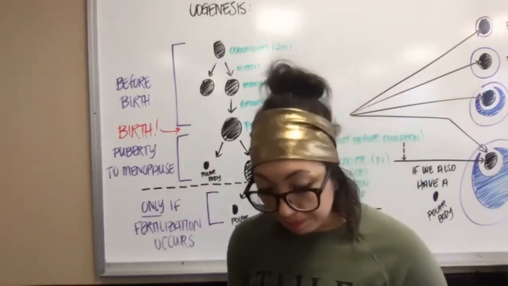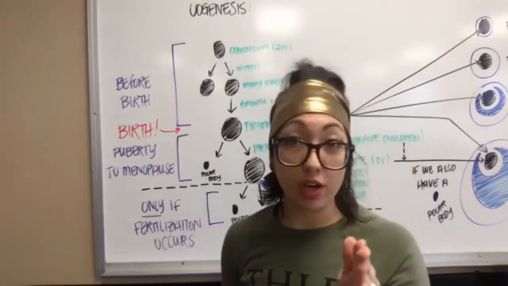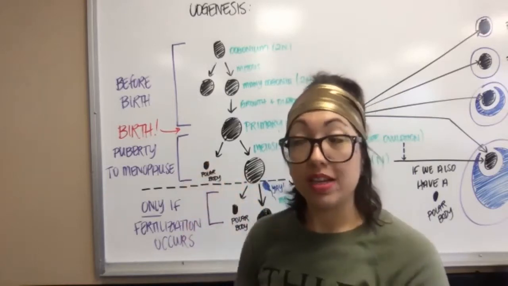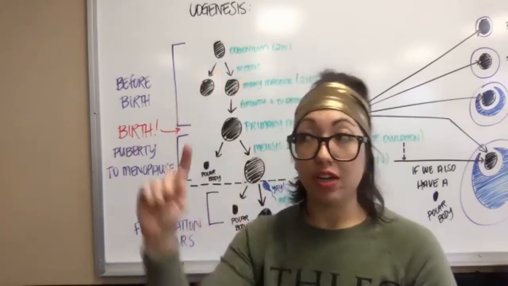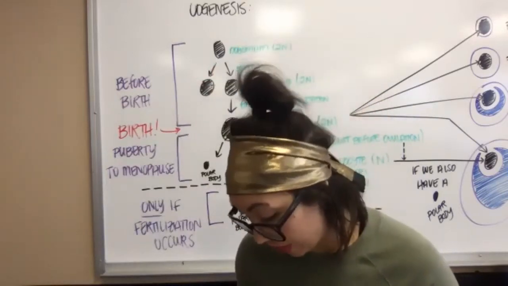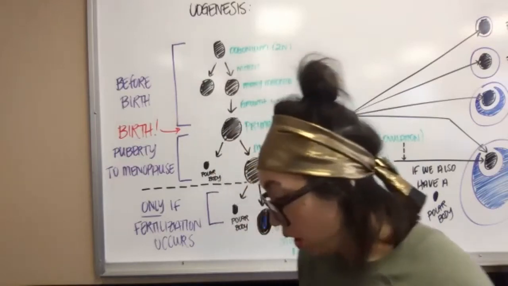That's why when we talk about the ovarian cycle, there's a prime window for fertilization, and that refers to the timing of ovulation and when sperm would be able to fertilize that oocyte. Okay, true or false?